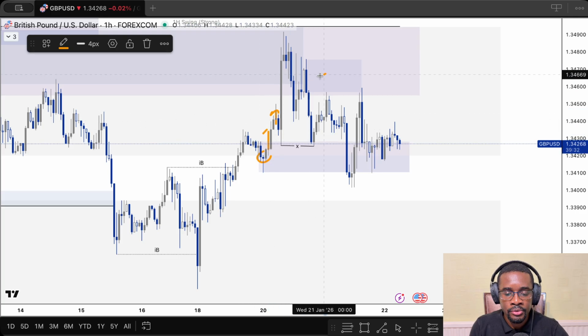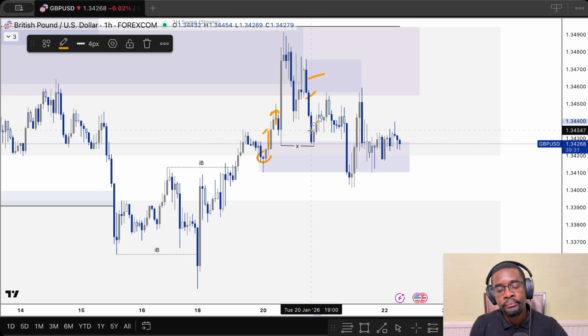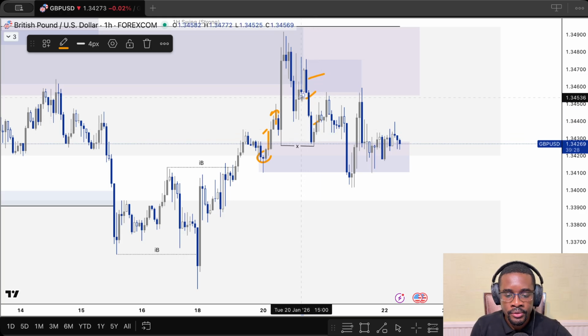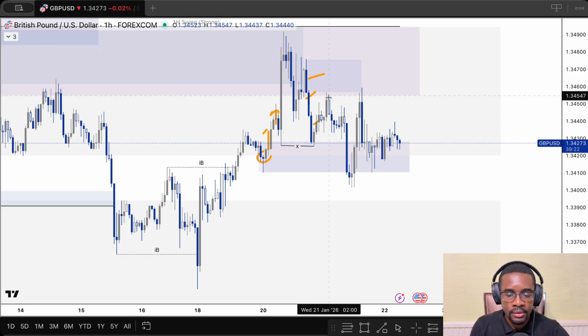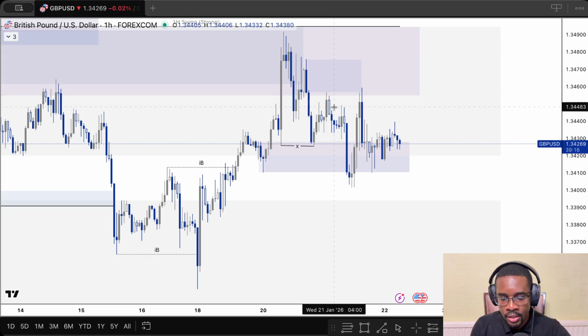So you look at this, we have 1, 2, 3 strong bearish candles with an imbalance. That's a helpful feature for a zone that is likely going to work if price reaches it.